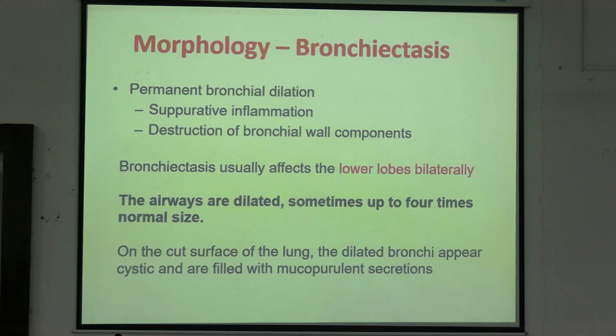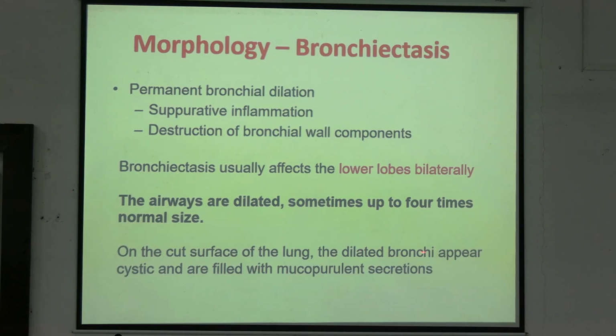What is the morphology? Meaning grossly what we can see. If we have a lung in front of us, what are the gross features? The gross feature is bronchial dilatation. There will be inflammatory changes, suppurative inflammation, and destruction of bronchial wall components. It affects mostly the lower lobes. The airways are dilated up to 4 times, meaning they are very much dilated.